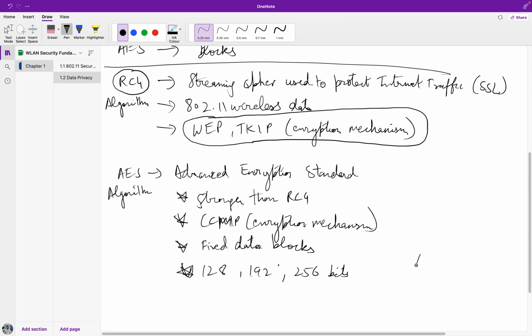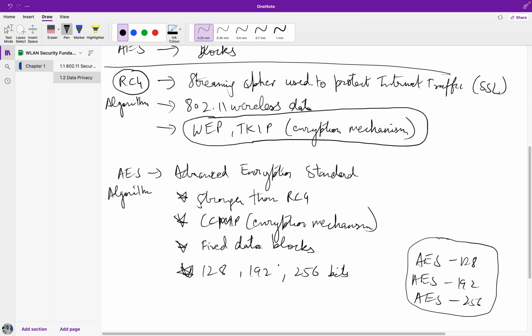You must have seen something like AES 128 or AES 192 or AES 256 somewhere. This is what it means. Now this kind of algorithm is made mandatory in the government sector because this is more secure than RC4 and they prefer AES any day, right?